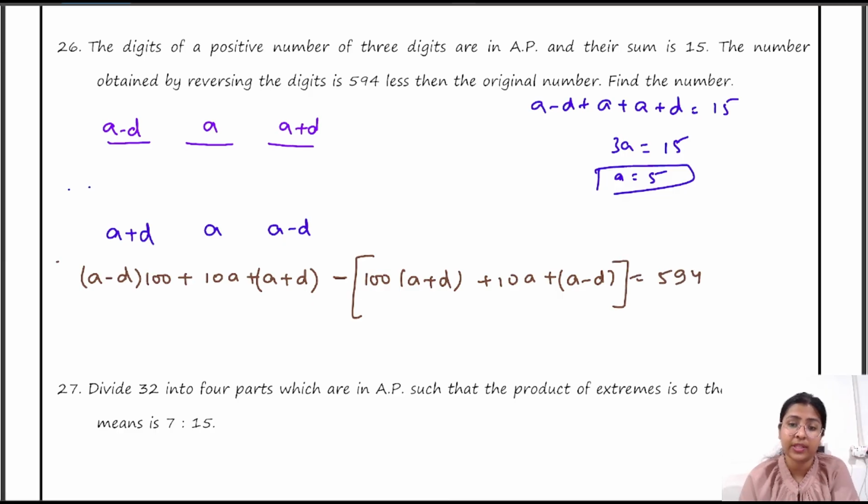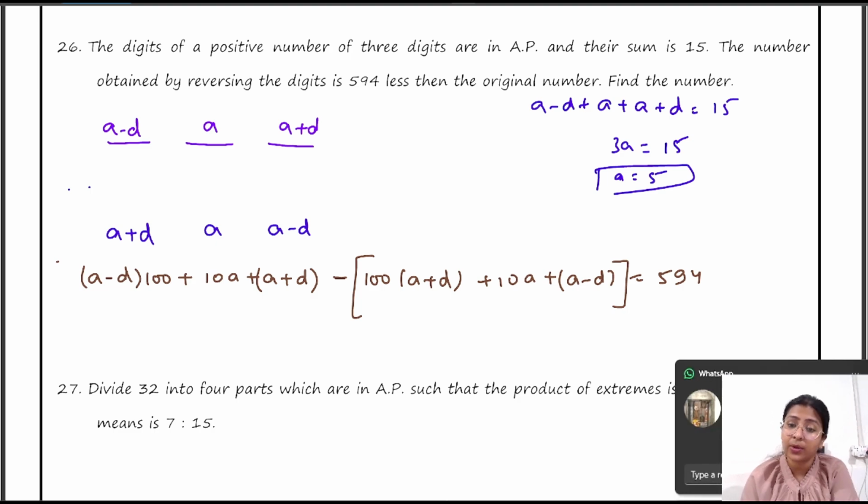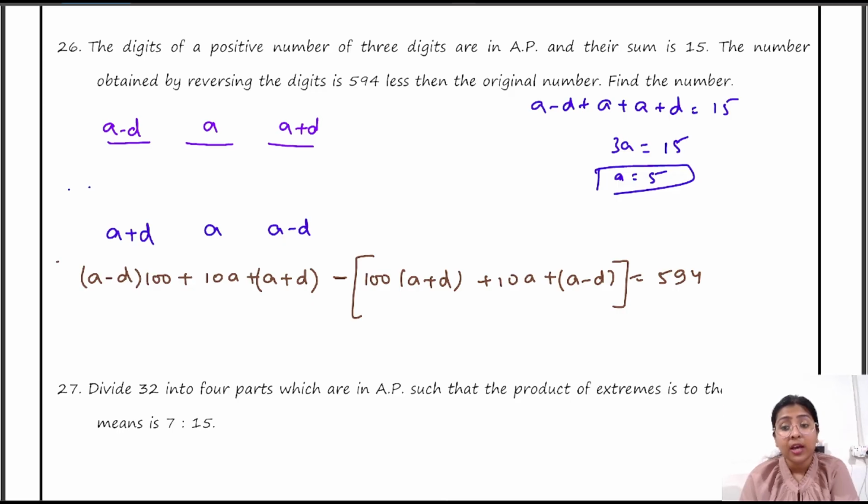Yes or no? Yes. Now you can simplify this to get the value of d. If you have the value of d and a, you can find out the number. Yes, try this. If you subtract these two, you will get 594.